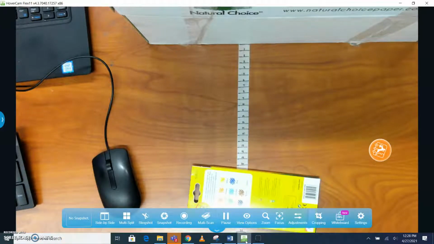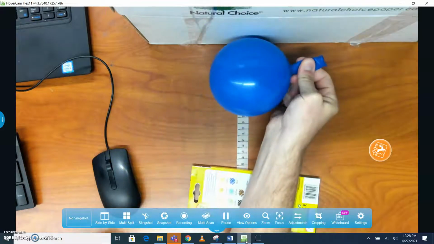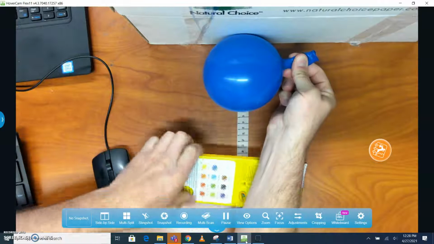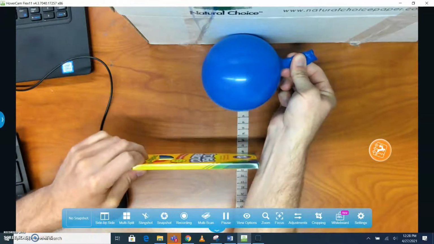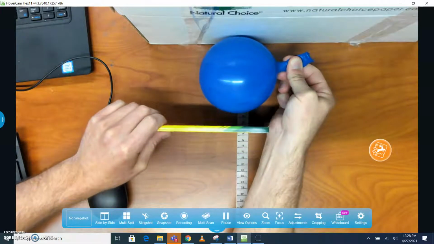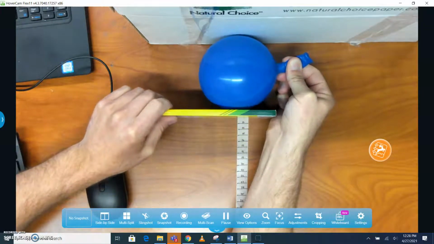So normal breath in. Normal breath out. As you can see, the balloon is considerably smaller, as it should be, simply due to not pushing all the air out, and I'm certainly not taking a max inhale.